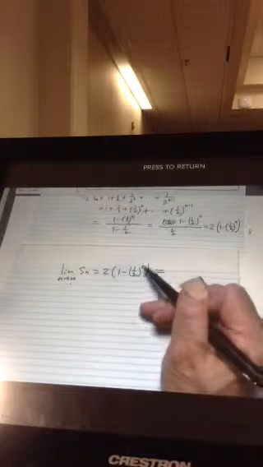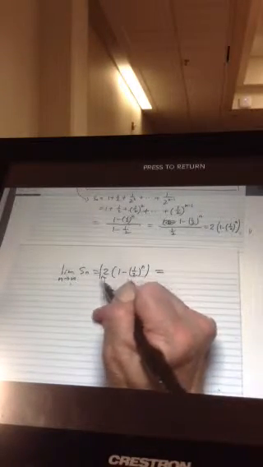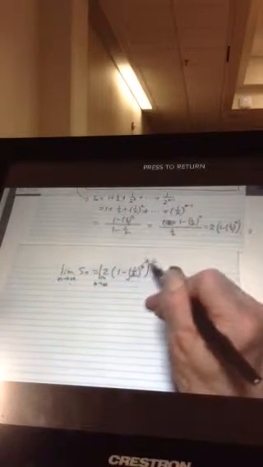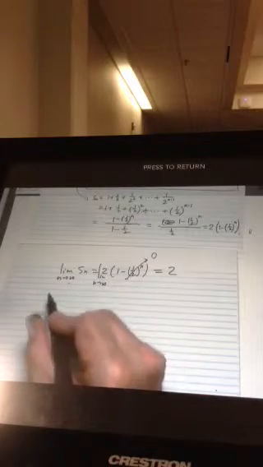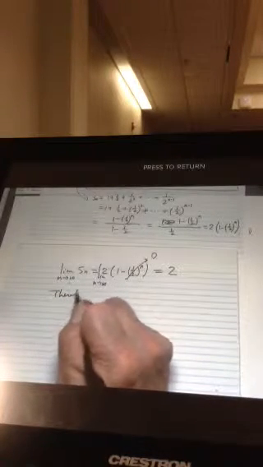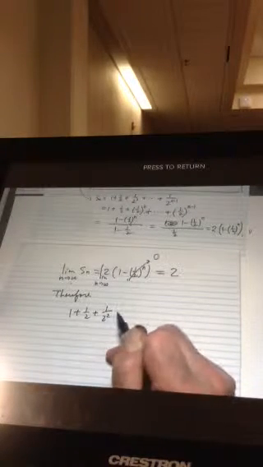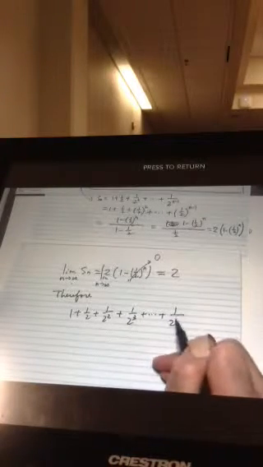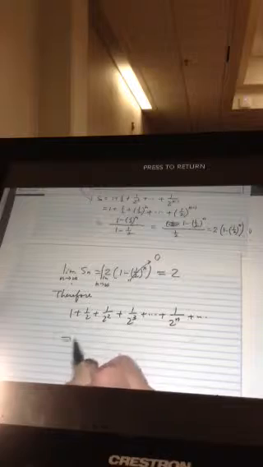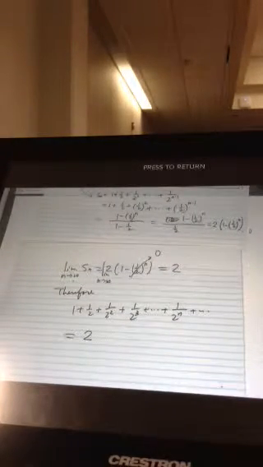So in the limit, this guy drops out, so this equals 2. So I know that therefore this series is convergent. It is convergent to 2. The sum of this series is 2 because the limit of this is equal to 2.